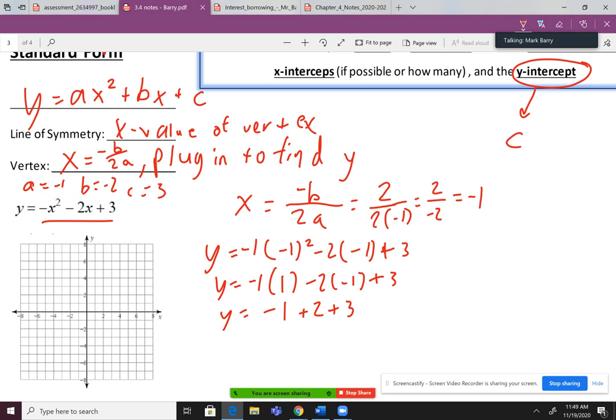And then negative 1 plus 2 plus 3 is 4. So my vertex is, remember, a coordinate point. It's my x value, negative 1, and then the y value, positive 4.